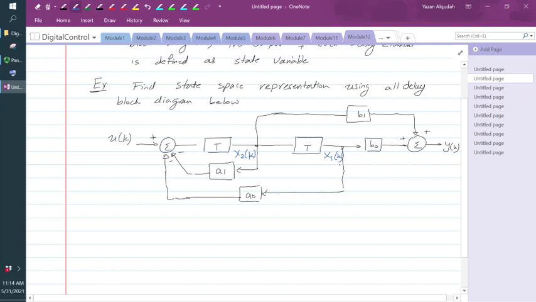Now if this is x1 of k at the output of the delay element, the input of the delay element is going to be x1 of k plus 1. If this is the output of the delay element x2 of k, the input is going to be x2 of k plus 1. Okay. Now of course I can also add the initial conditions if I want here. This is going to be x1 of 0. This is going to be x2 of 0.